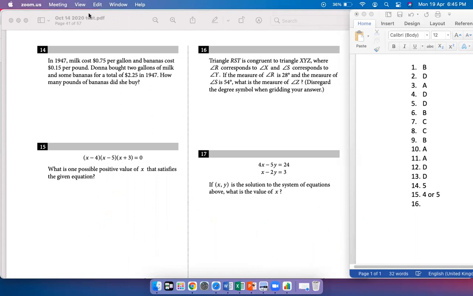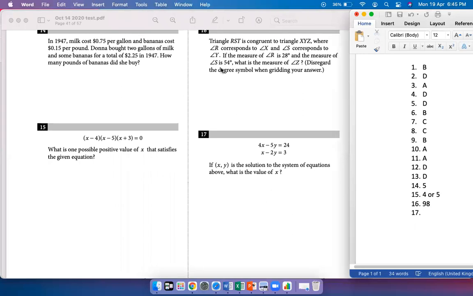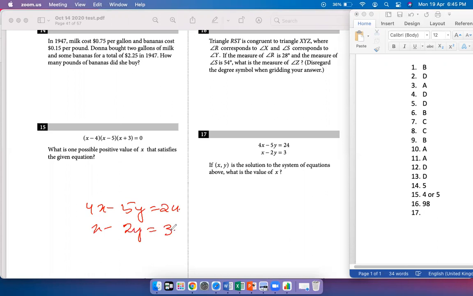Okay. 98. And then if (x, y) is the solution of the system, what is the value of x? So 4x minus 5y is 24 and x minus 2y is 3. So I have to find x. So I think I should multiply this by 2 and this by 5.